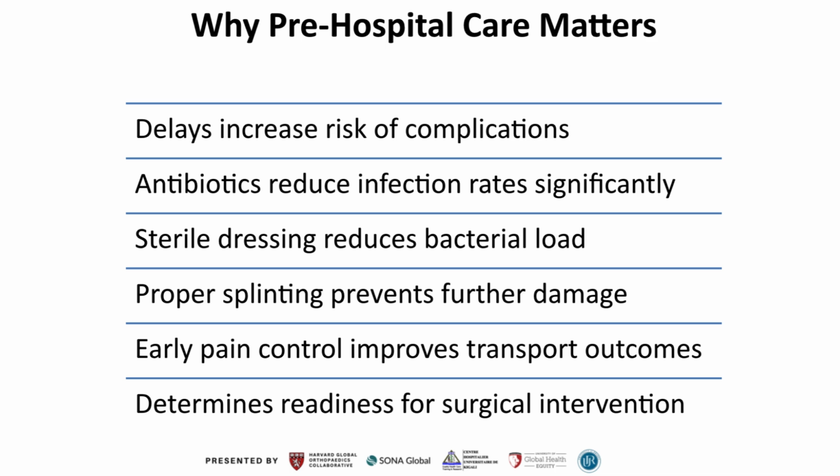It is always to decrease complications when there are delays with transfer, with antibiotics, like Edward was saying, to reduce infection, with good sterility and dressing, then proper splinting and immobilization, very important for this kind of patient, and also to decrease pain. Okay? Analgesics and timeline will help to transport this patient.